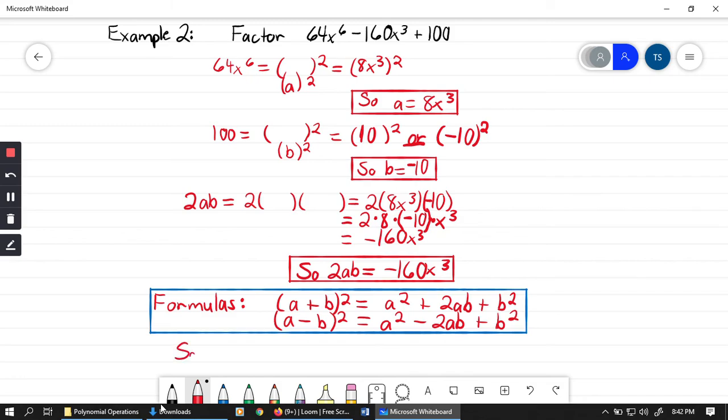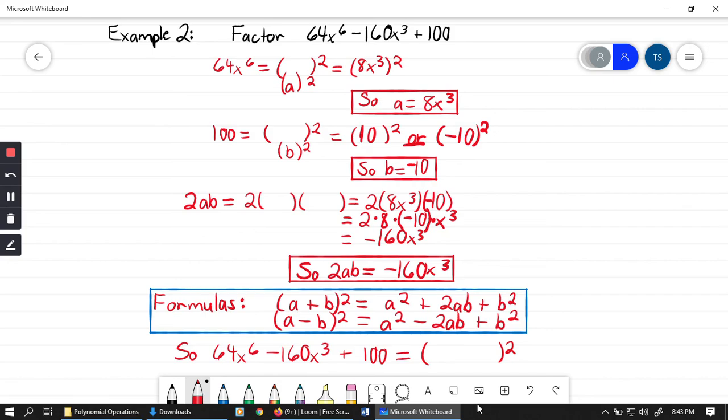So what that means is that if we use that formula, 64x to the 6th power minus 160x to the third plus 100 should be equal to a minus b squared. And again, we already identified what a and b were.